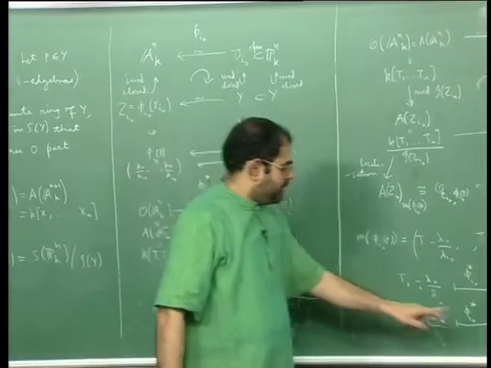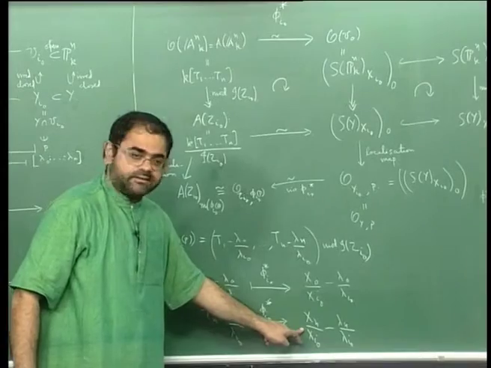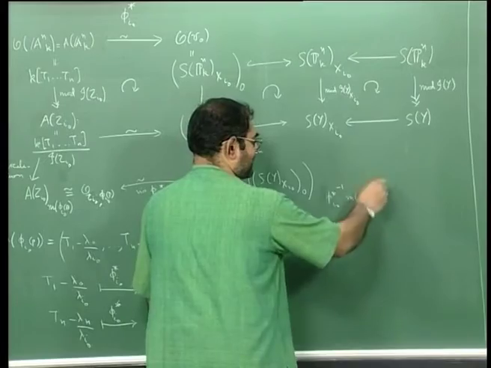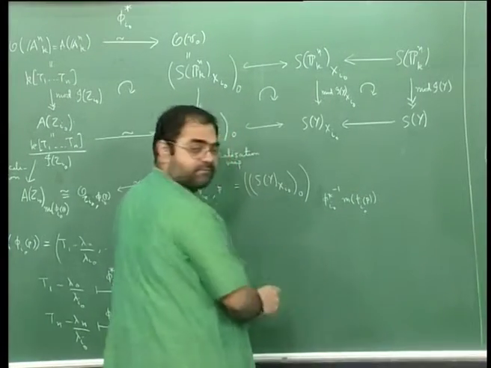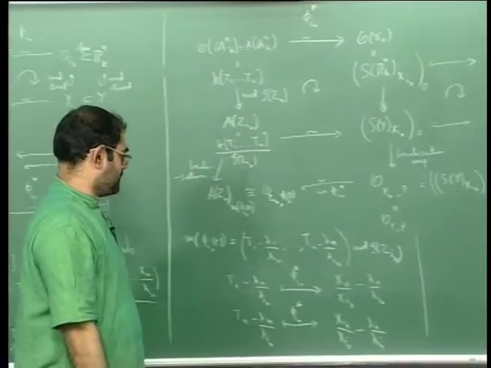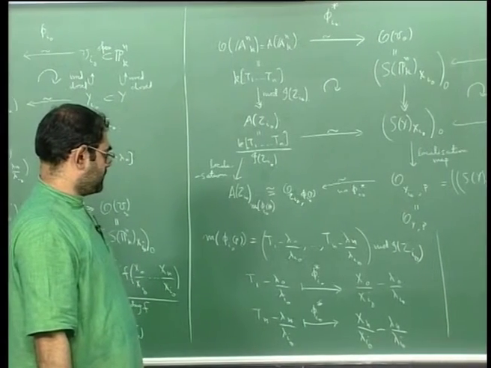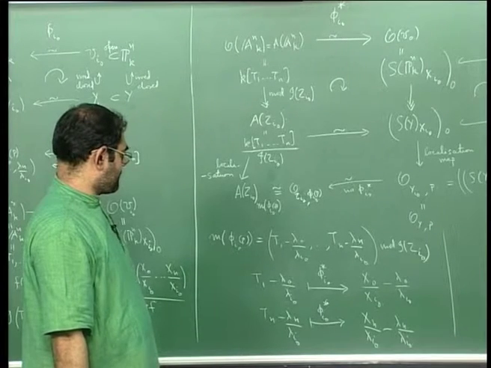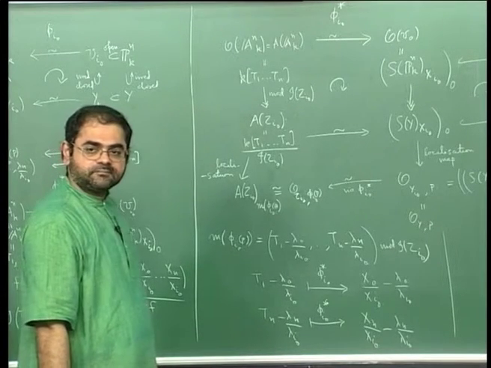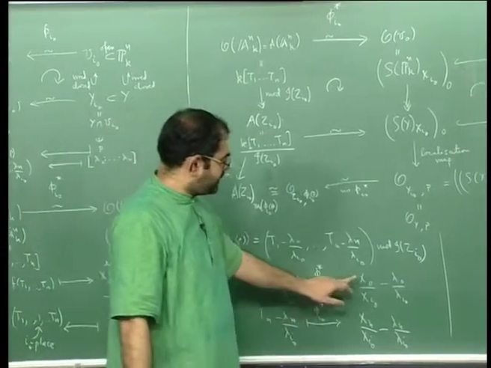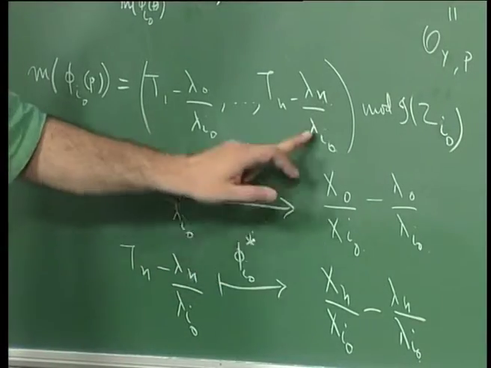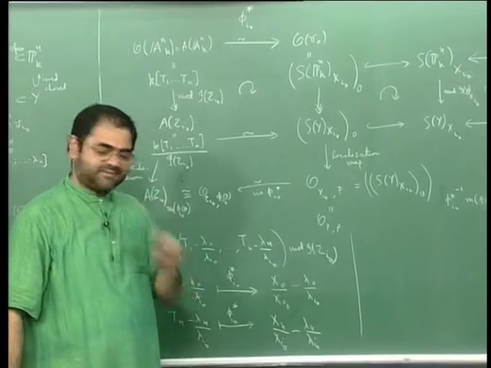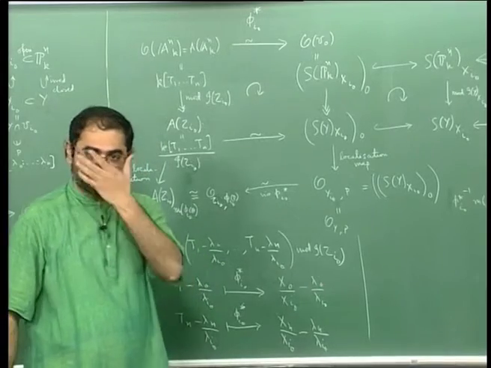Therefore what this calculation tells you is that this ideal is actually in degree 0: x_1 by x_i0 is degree 0 and lambda_1 by lambda_i0 is also degree 0. This is a difference of two degree 0 elements, so it is degree 0.